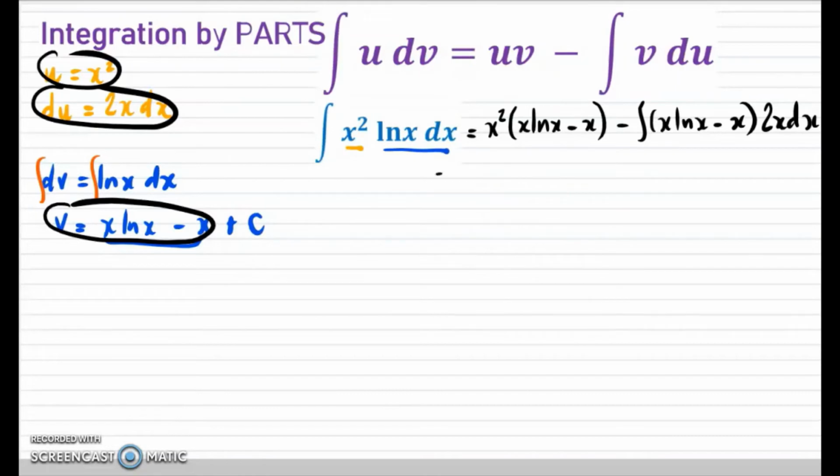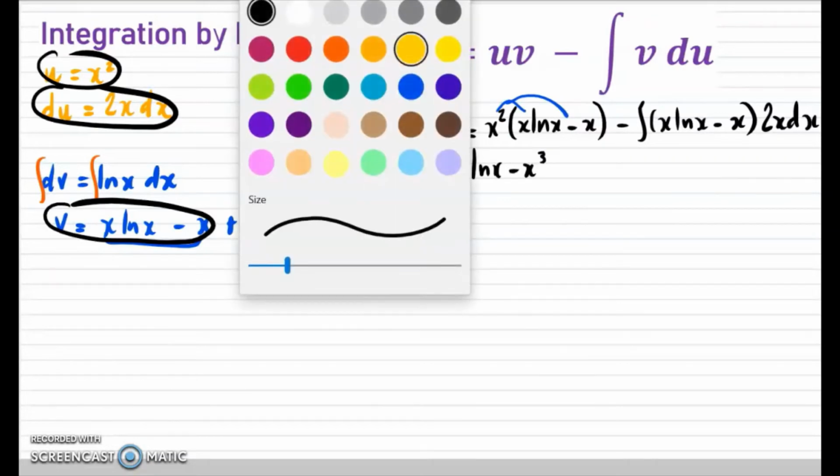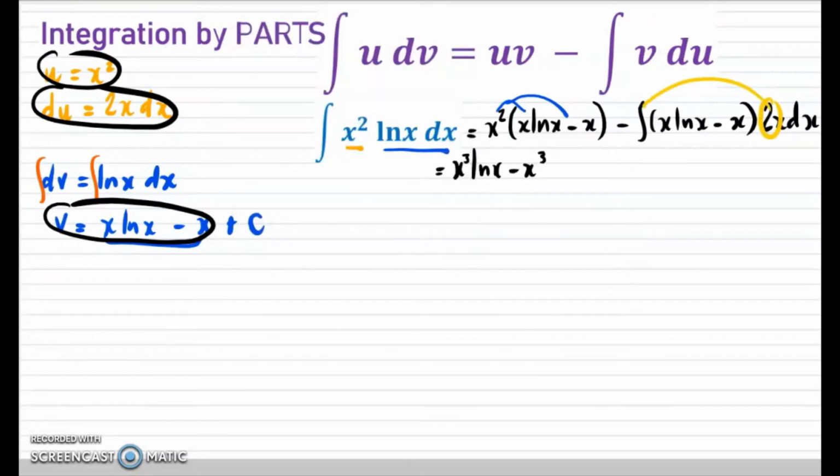Let us continue. For this part, we can actually distribute the x squared to these two terms here. Therefore, we have x cubed ln x minus x cubed. And then, we can bring out this constant part in front of the integral symbol.